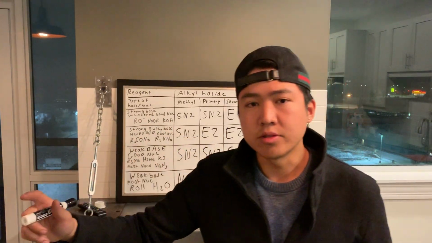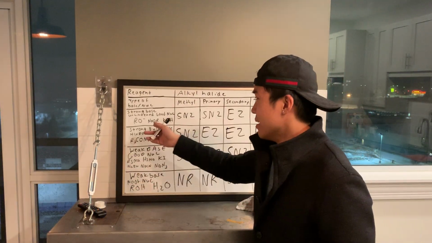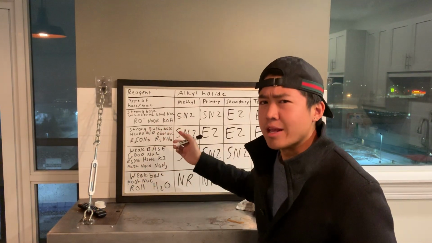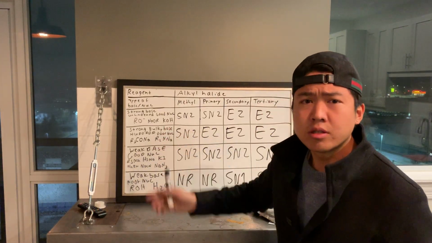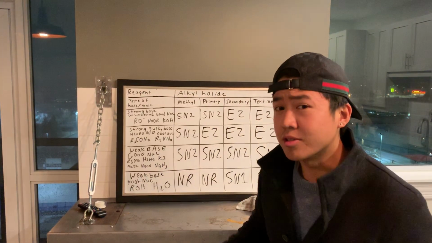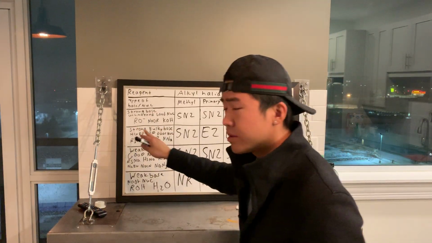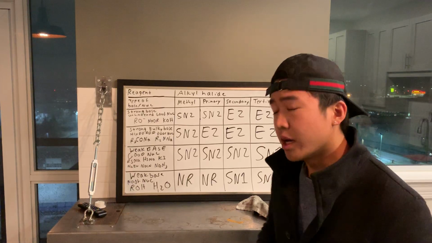So our O minuses, which usually are presented as KOR or NaOR. That's why I even wrote this as KOH, because OH minus is definitely not hindered. It has an H attached to the O minus. So it's definitely not hindered at all. So these are not only good at being bases, they're also good nucleophiles.